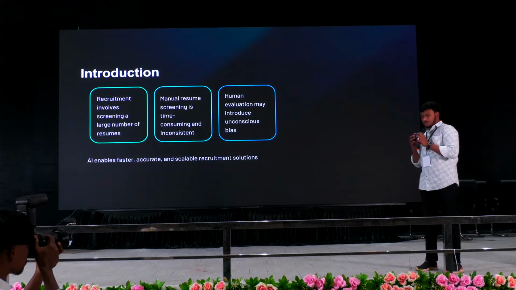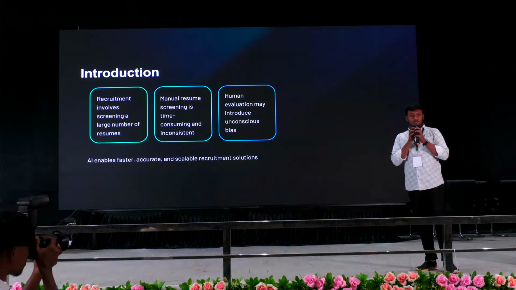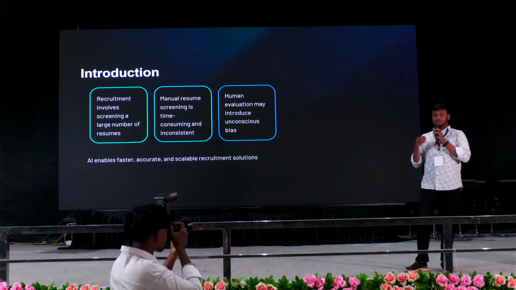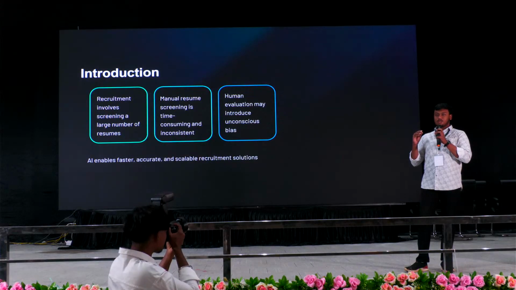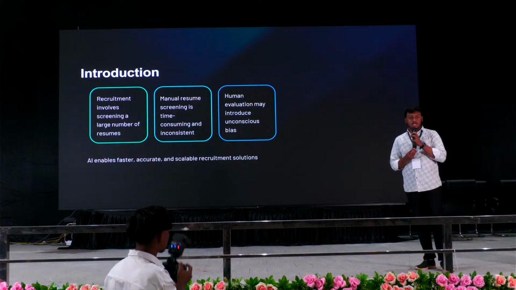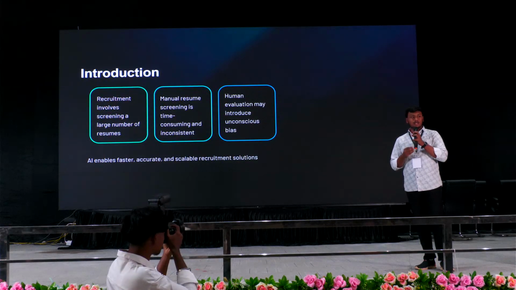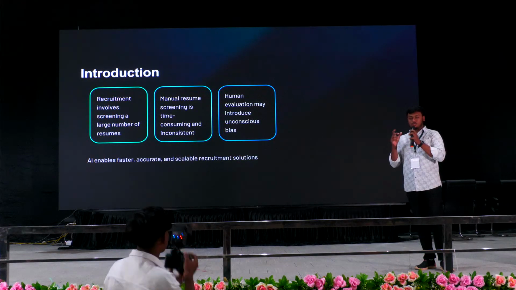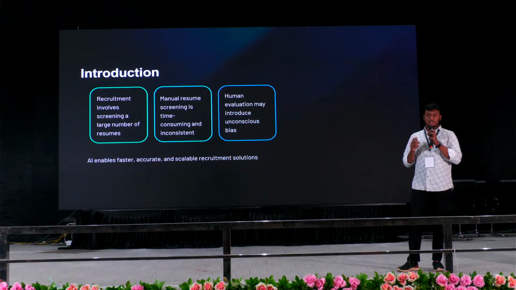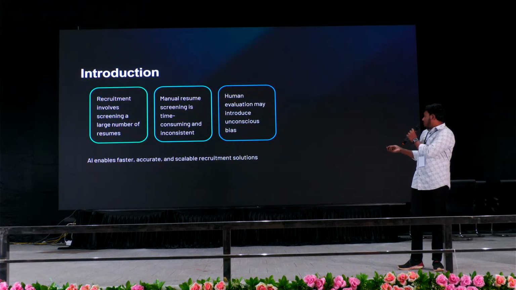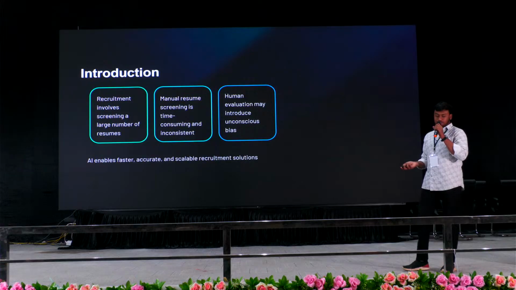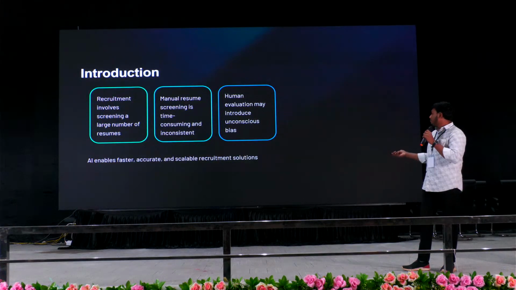Introduction. As we all know, in the traditional method, HRs collect each and every resume and read it line by line, which consumes so much time. The HR can also forget important keywords and skills they need to consider, and there is also human bias while doing the calculation manually.